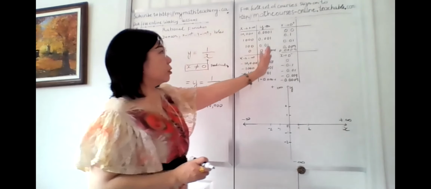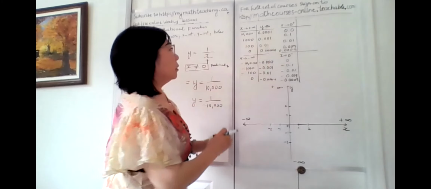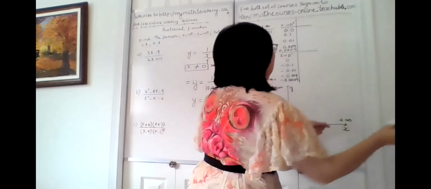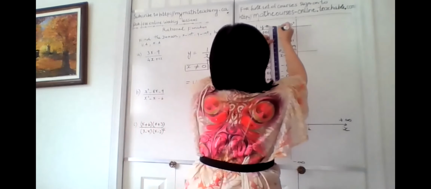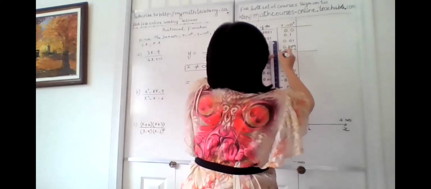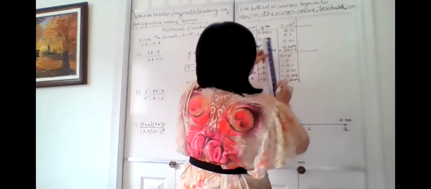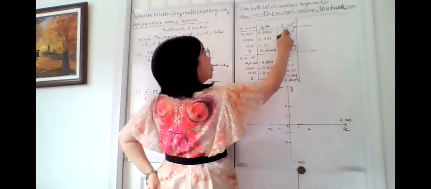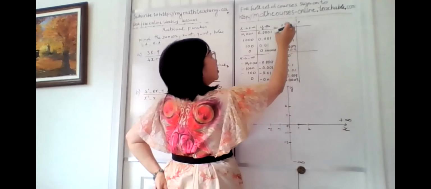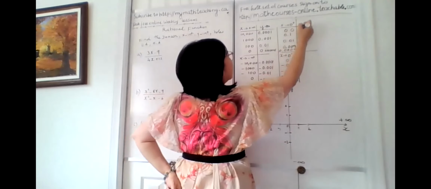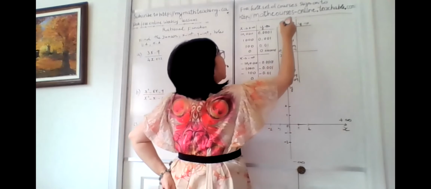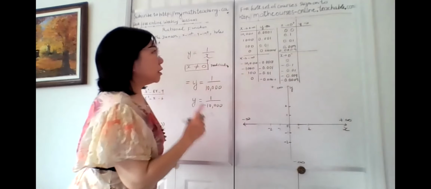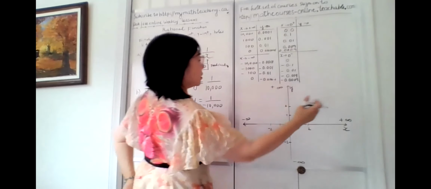Now, the next column, and I put them together. So maybe I should put a line here so you can see better. So in the next column, I describe the x and the y value if x approaches 0, but on the positive side.